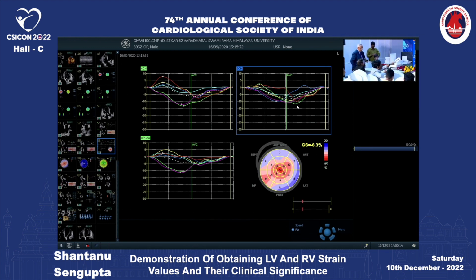Then in normal individuals, velocity will not be reduced, whereas in coronary artery disease, velocity will be delayed and reduced. Along with that, the post-systolic contraction duration will be more than 20%. So that denotes evidence of coronary artery disease. We cannot say this is an infarct or ischemia, but post-systolic contraction is a sign of coronary artery disease. Exactly. Any questions?